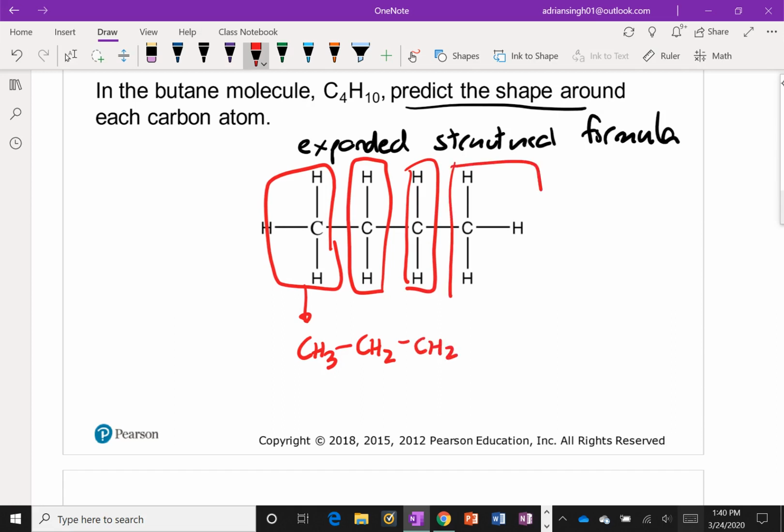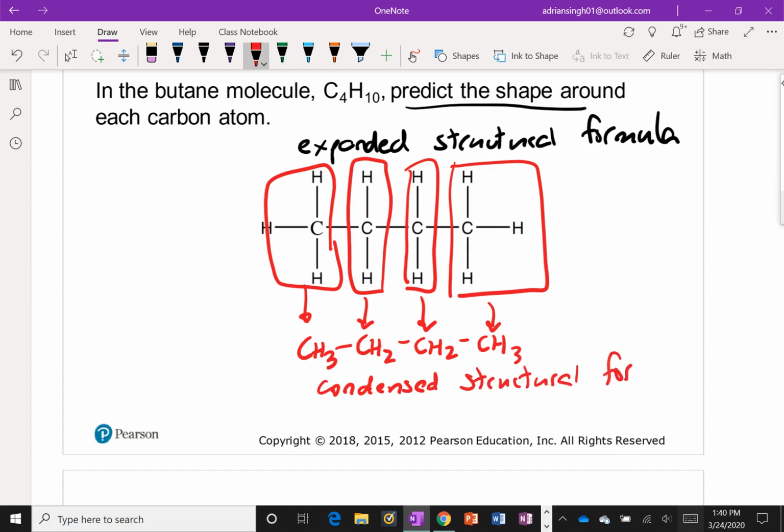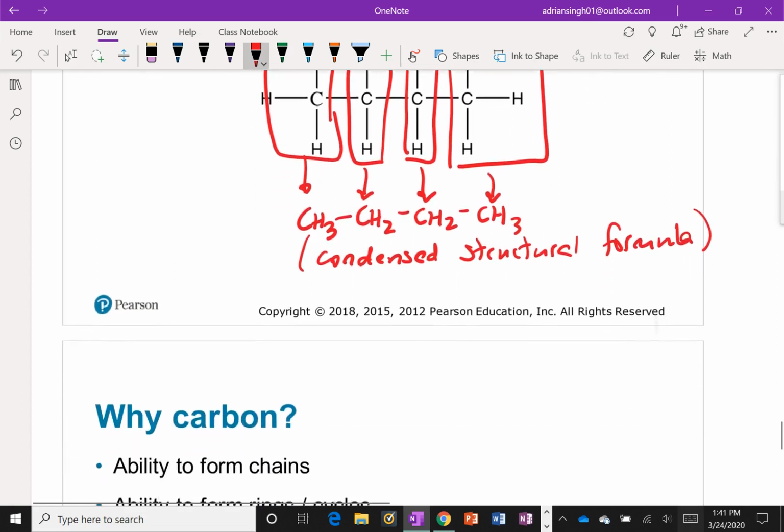And then that's connected to a C and 3 H's. So this one in red here will be the condensed structural formula. And we'll take a look at some of these depictions of the molecules in the next section.